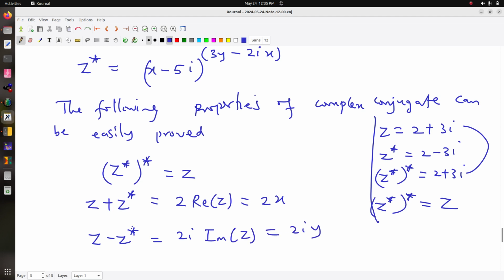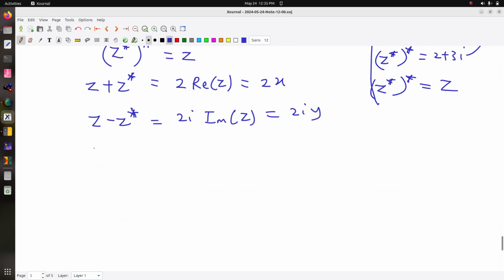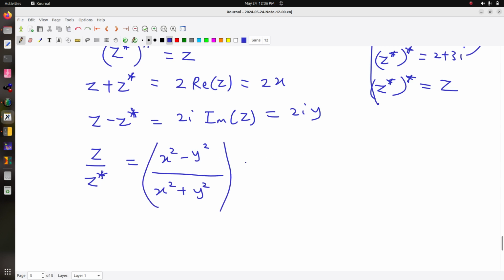Sorry, this is asterisks. The same thing with the division: z over z asterisk equals x squared minus y squared divided by x squared plus y squared, plus i times 2xy over x squared plus y squared.